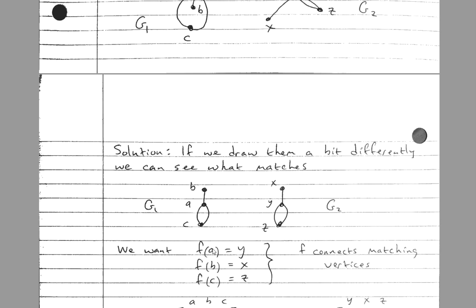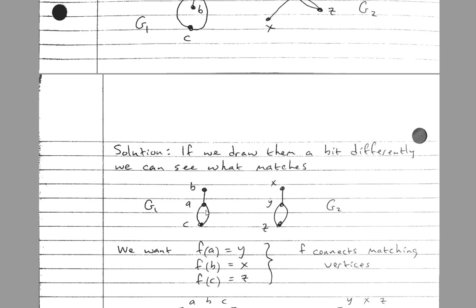So A, this degree 3 vertex, matches with this degree 3 vertex. So we want to match A to Y. So f of A equals Y. f of B equals X, and f of C equals Z. Okay, so this is a one-to-one and onto function that matches up the vertex sets.